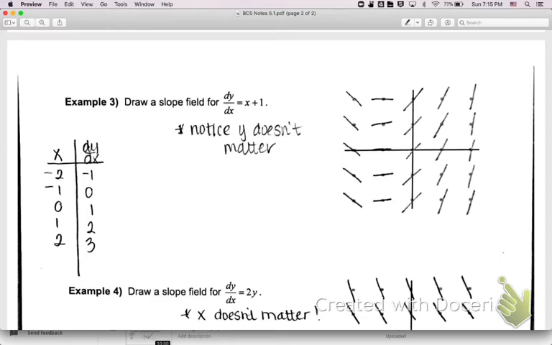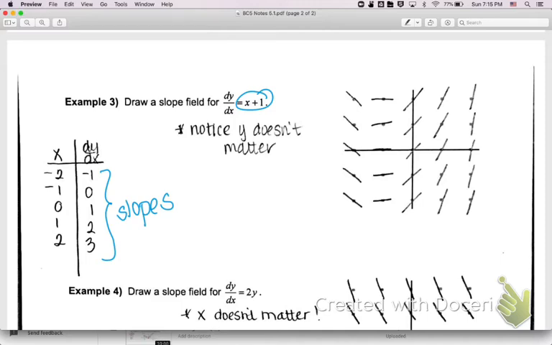So if I have x equal to -2, we plug it into x plus 1. So -2 plus 1 is -1, -1 plus 1 is 0, and so on. These, remember, are the slopes that we want to use. And since it doesn't depend on y, the slope for (-2, -2) is going to be the same as (-2, -1), the same as (-2, 0).